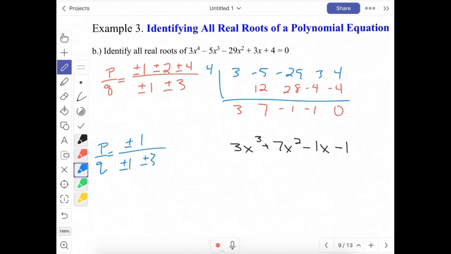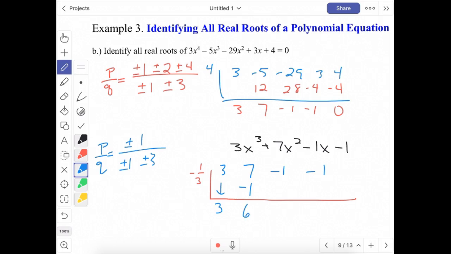So in solving that second time through, negative 1/3 is one that works out. And again, I just know that because I've already done it. So that means we'll have a 3, 7, negative 1, negative 1. Bring down your 3 times negative 1/3, we get negative 1. 6 times negative 1/3, I get negative 2.